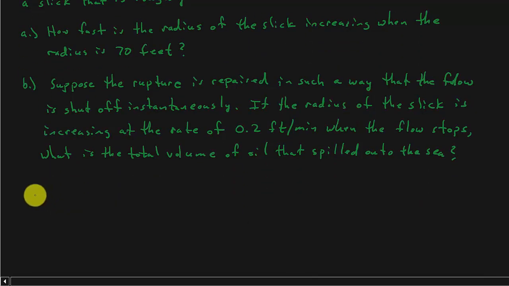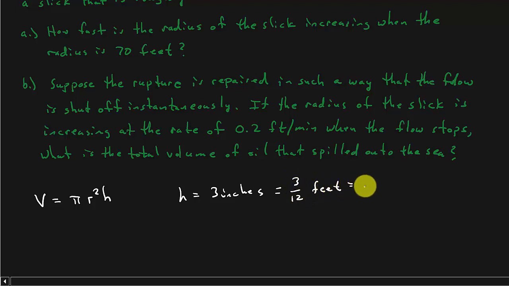So I know I have volume is equal to pi r squared h, right? And I know that h equals 3 inches, which is equal to 3 over 12 feet, which is 0.25 feet. Okay, that's the height.